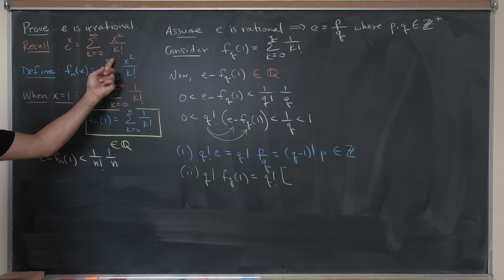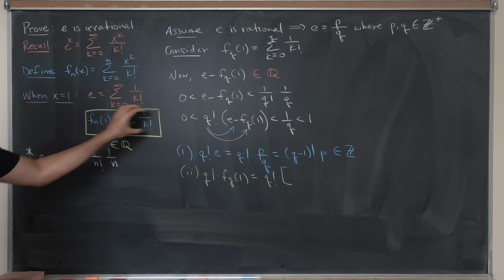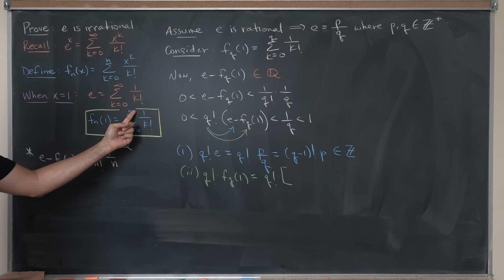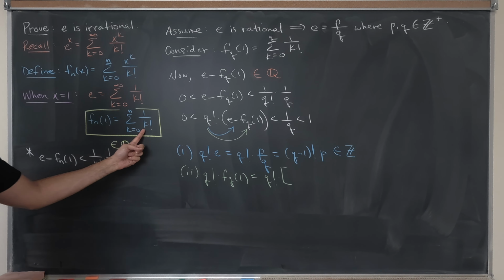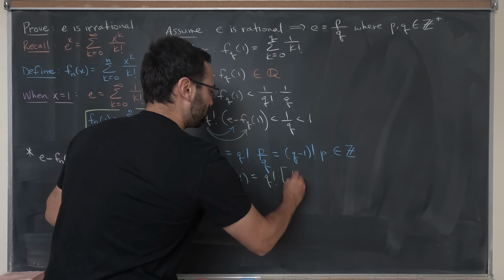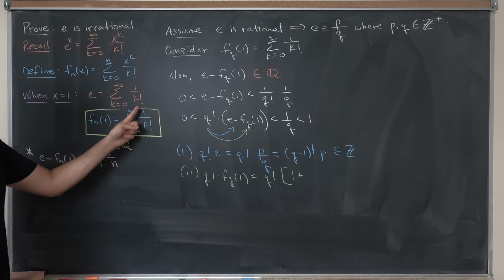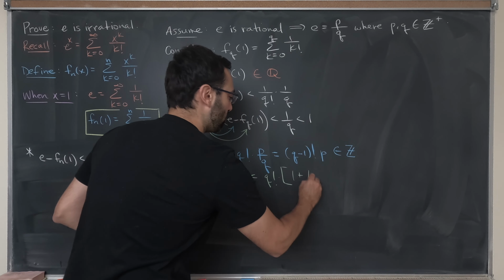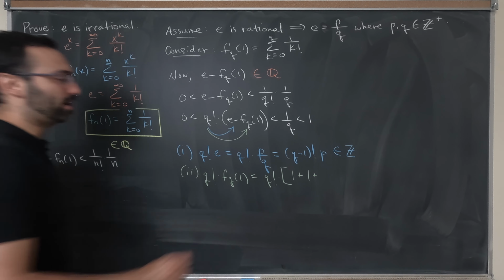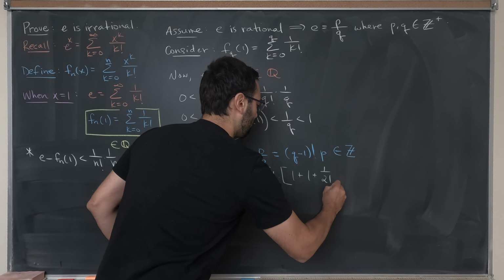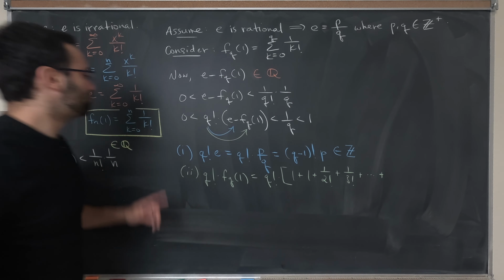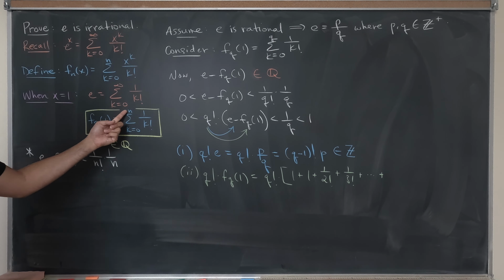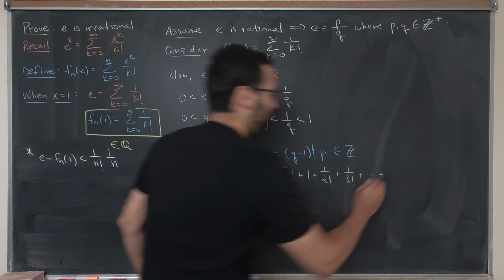Running up to q and having x equal to 1, we essentially have this, but q's instead of n's. So f sub q of 1, some of those first two terms are 1 over 0 factorial, that's 1. Then 1 over 1 factorial, that's 1. Then 1 over 2 factorial, plus 1 over 3 factorial, all the way up to when we hit q. Well, that gives us 1 over q factorial.